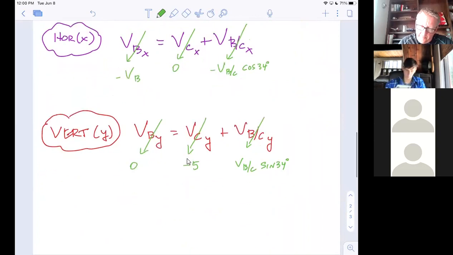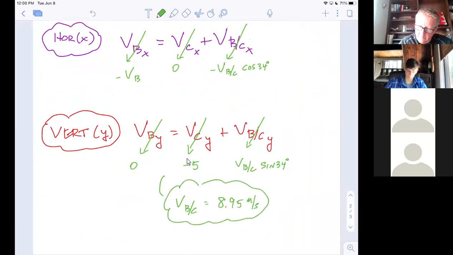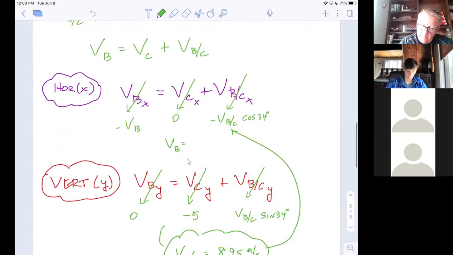I would have discovered that the velocity of B with respect to C is about 8.95, and then secondly thrown it in up here and found that the velocity of B is 7.42.